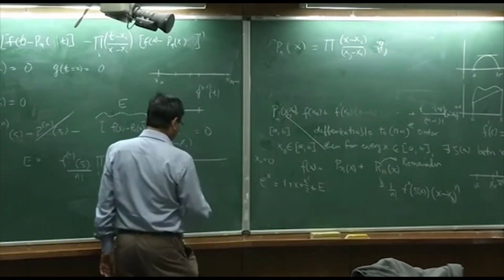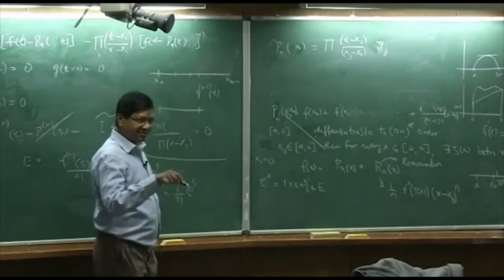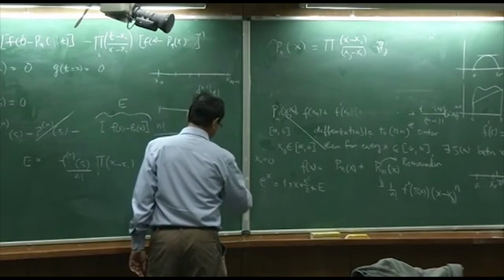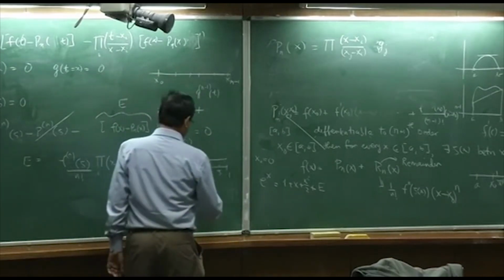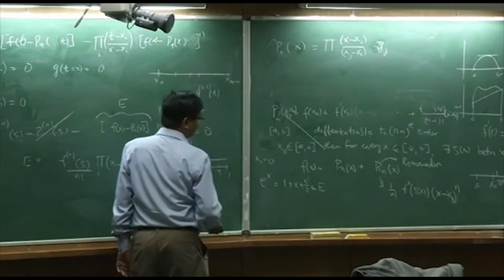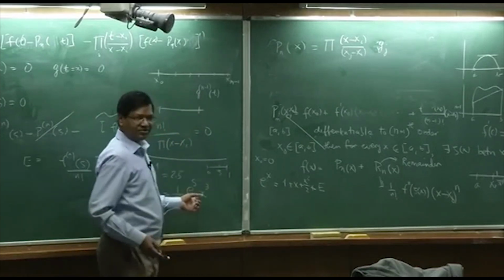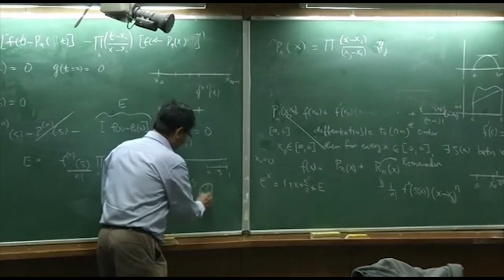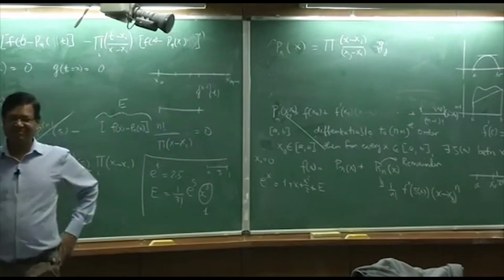It is going to be just e to the power x, but at the point zeta, which lies between 0 and 1. So, zeta is somewhere here. X to the power n will be x cube, but x is 1. So, this becomes 1. Now, I get something: e to the power zeta by factorial 3.